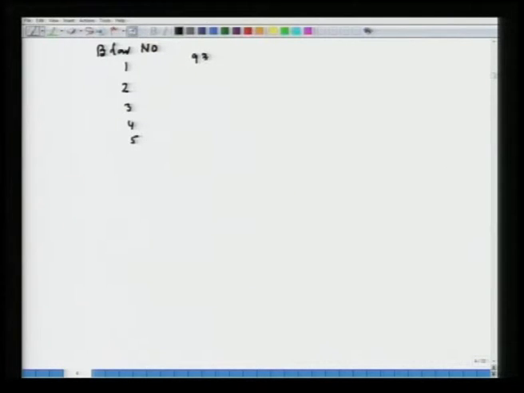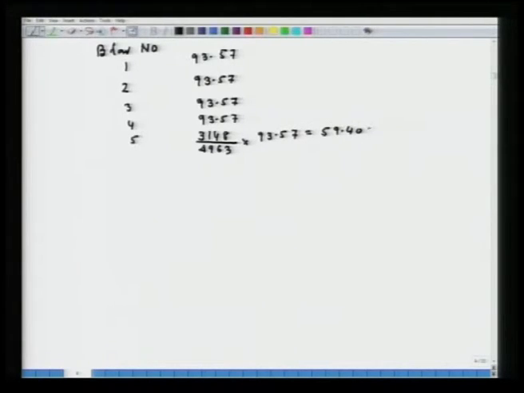All the blows will require 93.57 minutes: first blow, second blow, third blow and fourth blow also 93.57. But the last blow will require 3148 upon 4963 into 93.57, so that will be equal to 59.40 minutes. Mind you, these are all minutes.